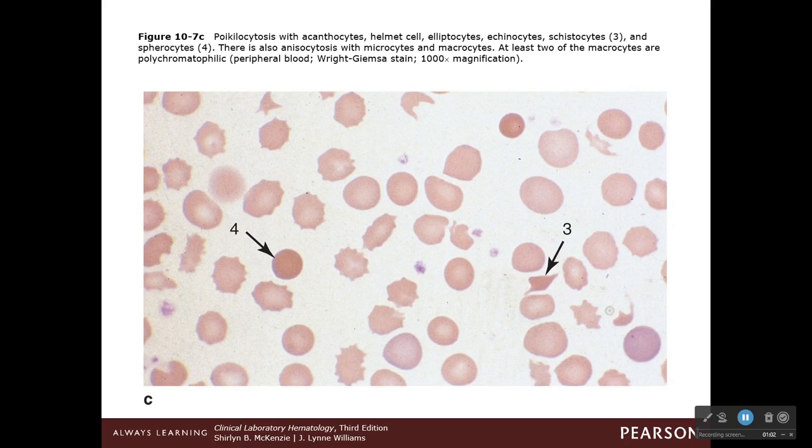So it's being pushed out and doesn't have that biconcave shape. This one and this one would be considered spherocytes. Number 4, and then of course this little long guy up here would also be a spherocyte, okay? Questions about a spherocyte? We've talked a lot about it, so it shouldn't be a problem with you guys.